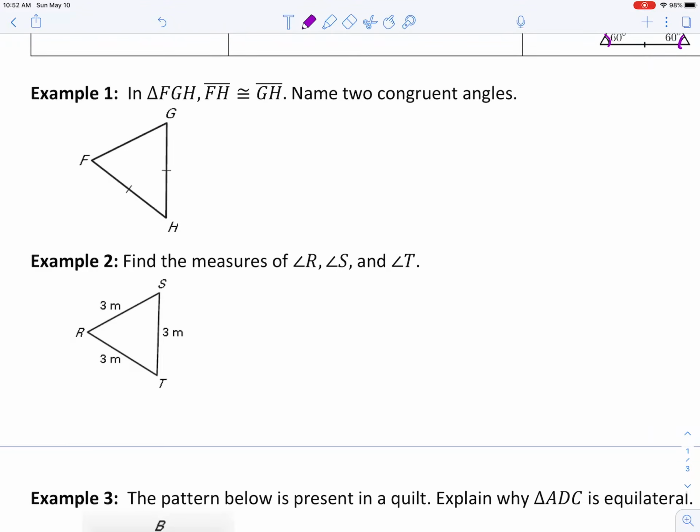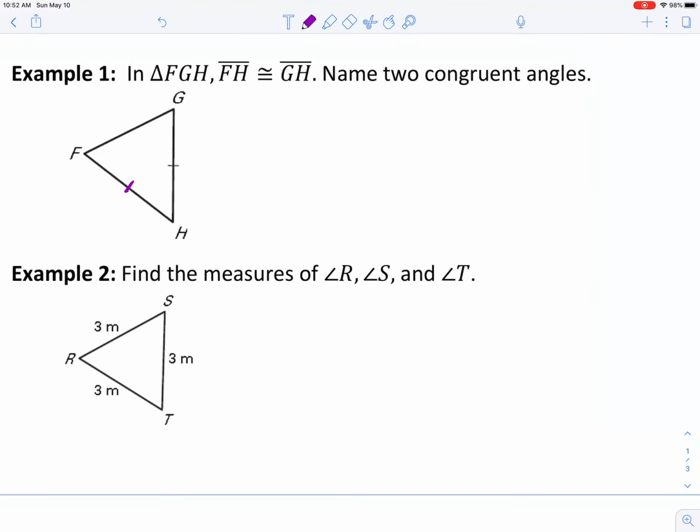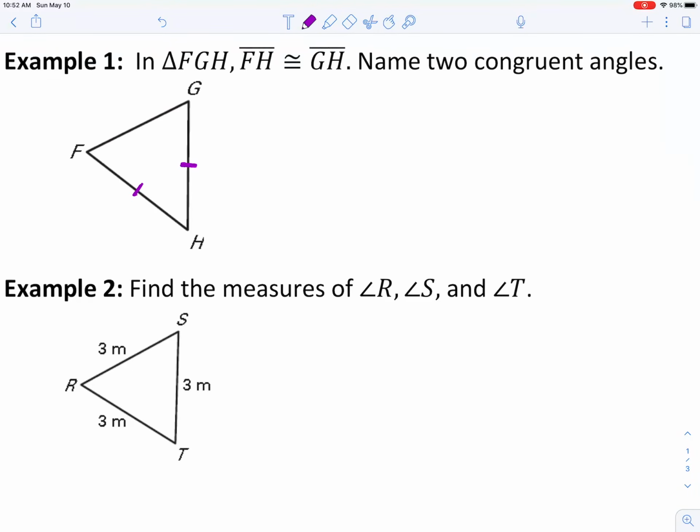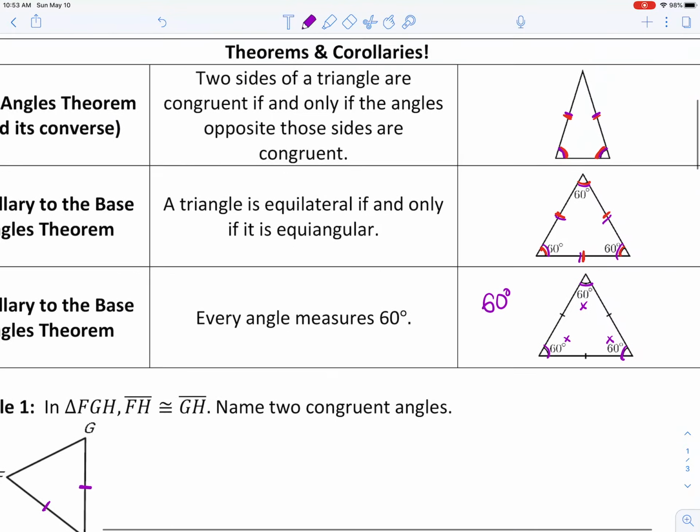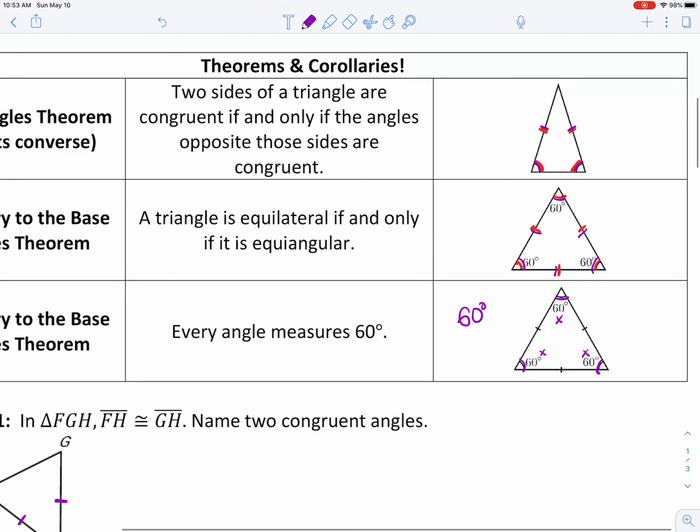Example 1, it says if triangle FGH, or in this triangle, FH, so this side, is congruent to GH, that side. Name two congruent angles. So this would be our base angles theorem.